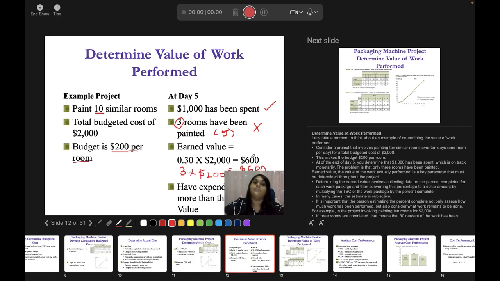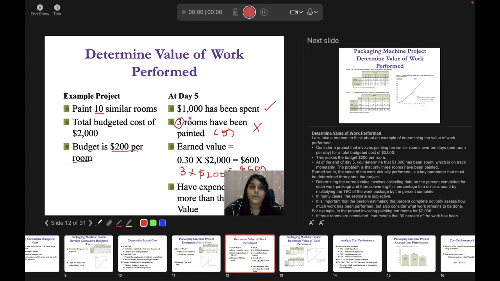So your earned value is 600. This means that you are supposed to only use $600 for 3 rooms. You are not supposed to use this 1000. You are only supposed to use this 600 for 3 rooms, right? Although at day 5 you are supposed to use 1000, in day 5 you are supposed to paint 5 rooms for 5000.